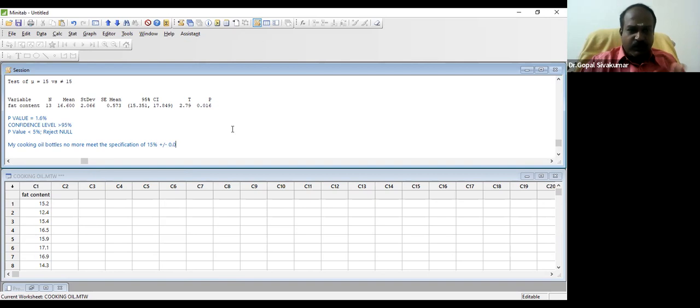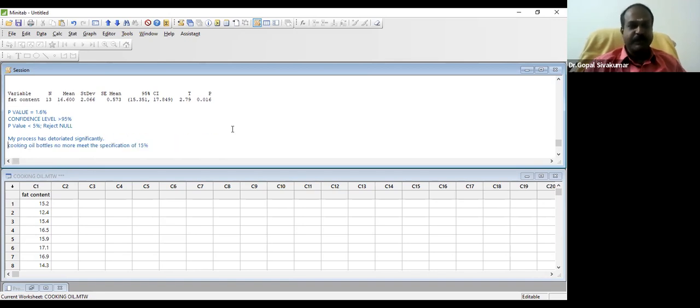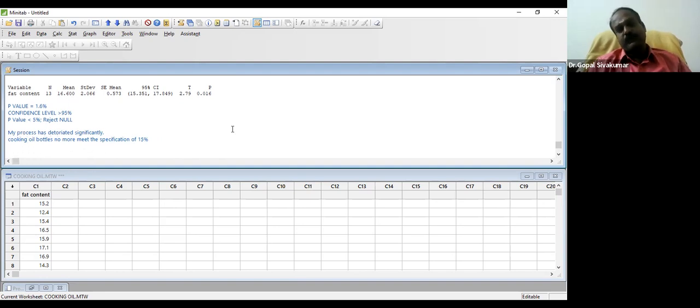My process has deteriorated significantly, which means the cooking oil bottles no more meet the specification of 15%.